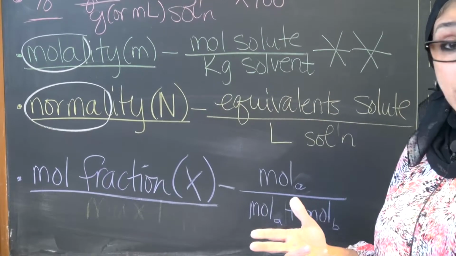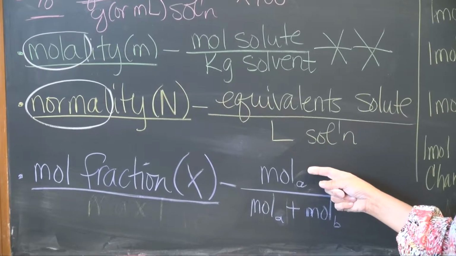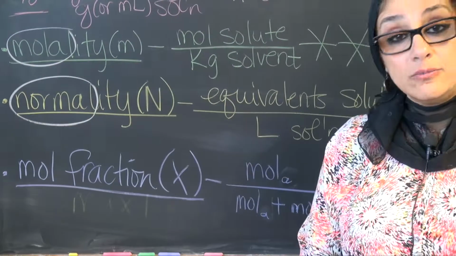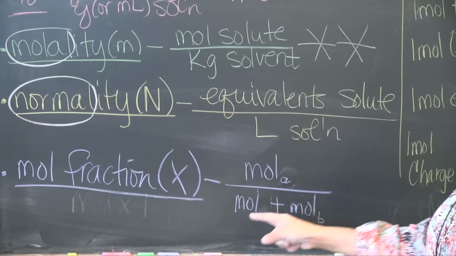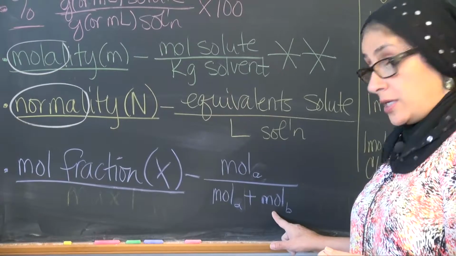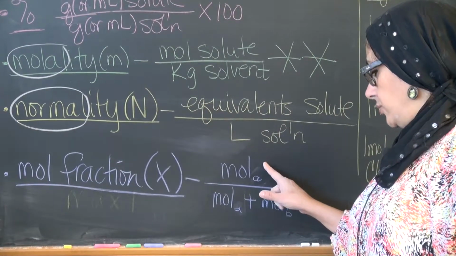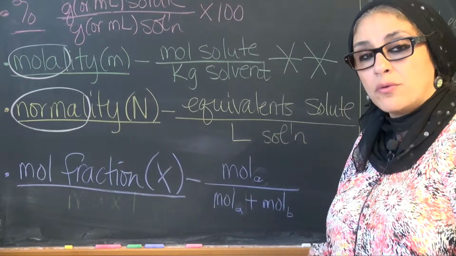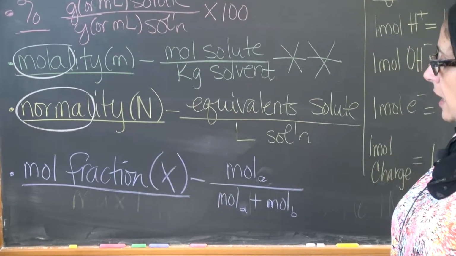So let's say it's the solute, okay? You're going to calculate the moles of solute, calculate the moles of solvent, and then you will add the two, the total number of moles in the denominator, and you have moles of solute divided by moles of solute plus the moles of solvent, the total moles that are present.